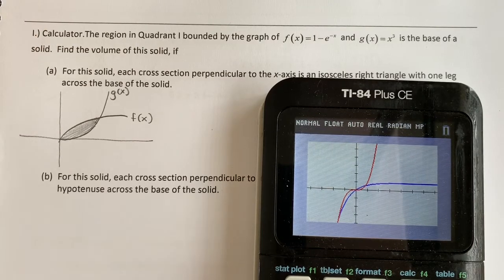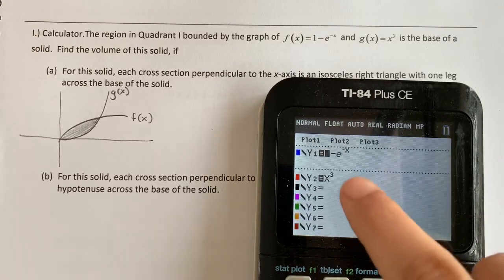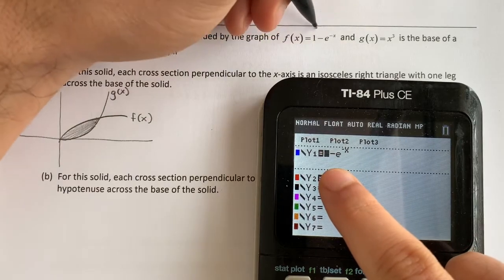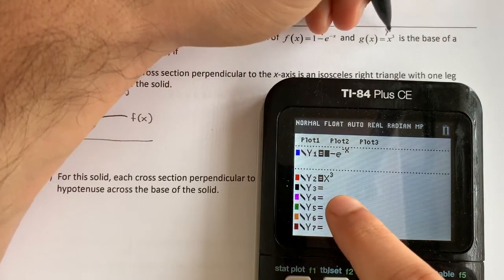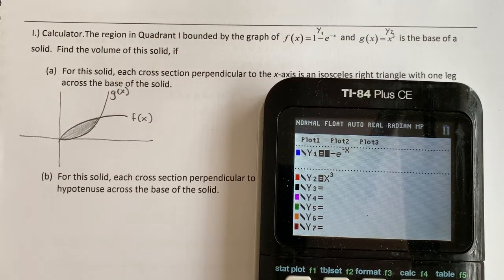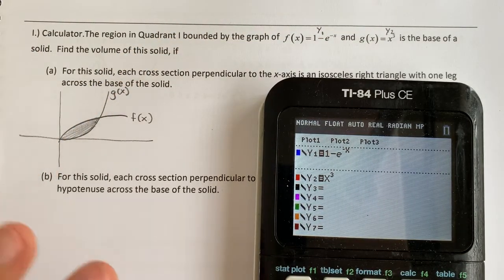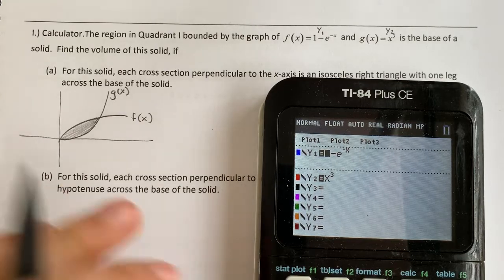Something else I want to note is that back when I typed it in, y1 is this equation and y2 is this equation. That's going to be nice to know, as I'll use that y-vars technique when I plug it in.